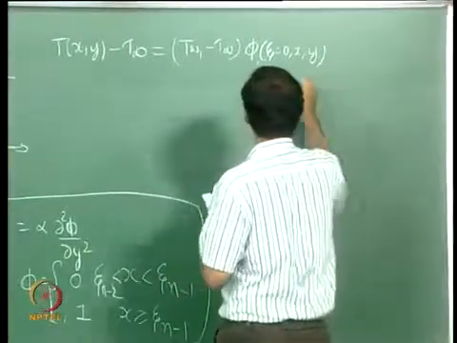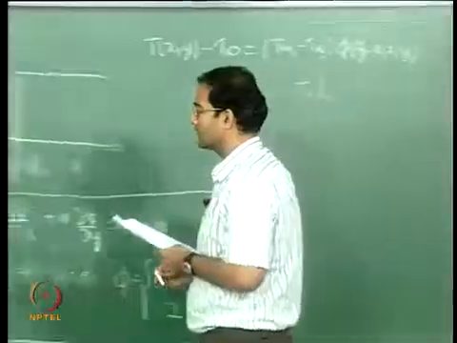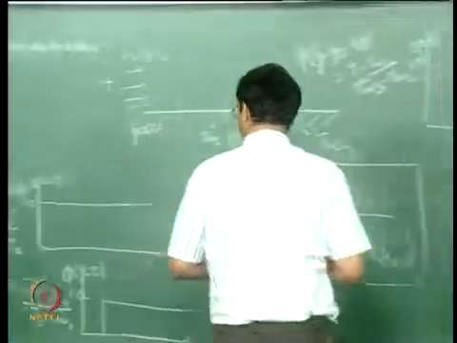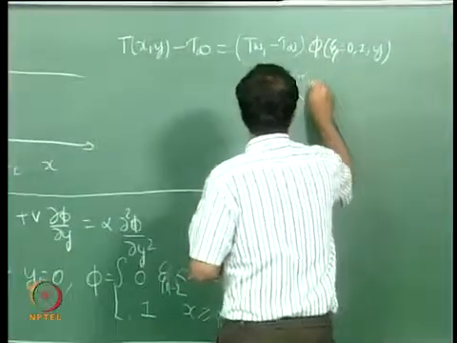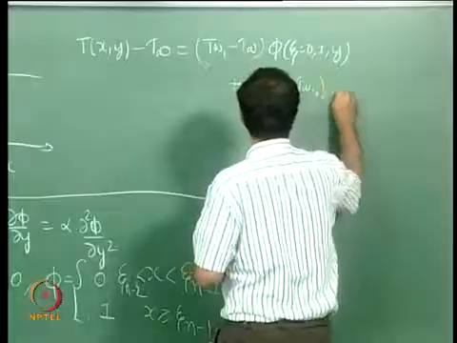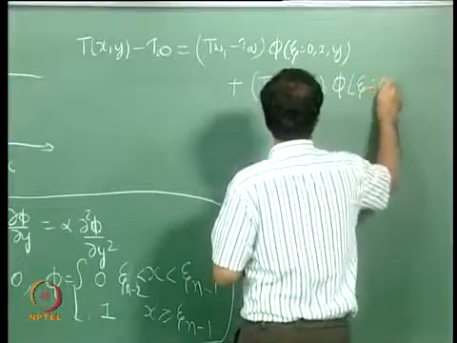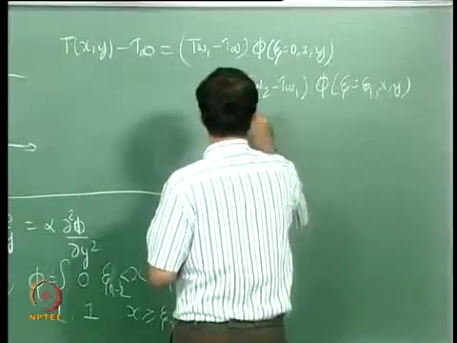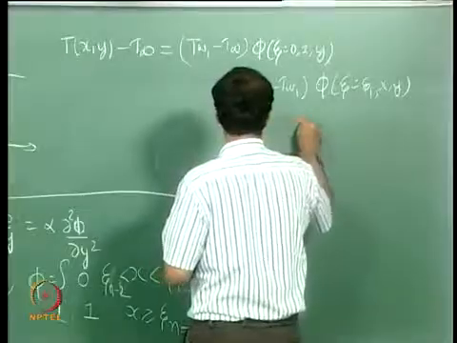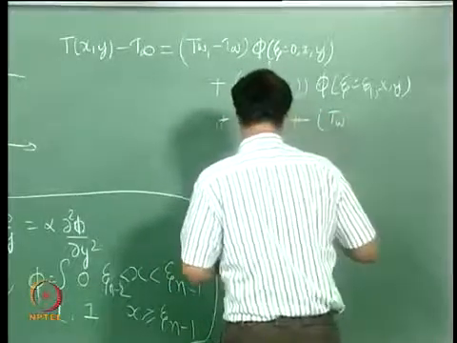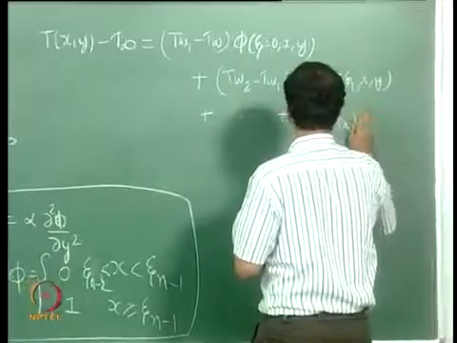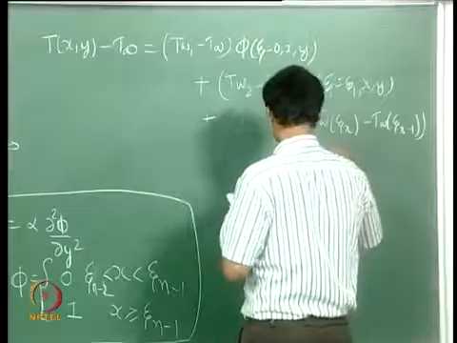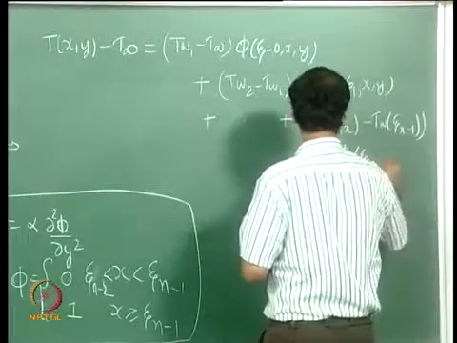Plus the next problem will be T minus T wall 1, which is T wall 2 minus T wall 1 into phi zeta equal to zeta 1 x comma y, plus all the way till T wall eta n minus T wall eta n minus 1 into phi eta n x comma y.